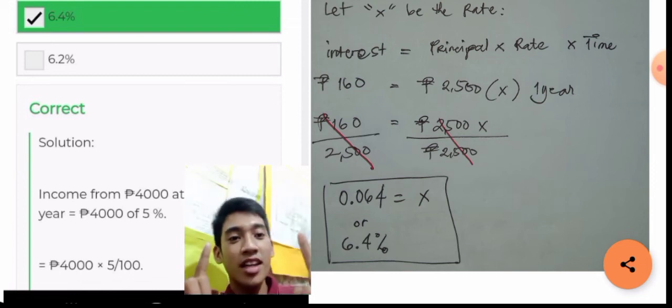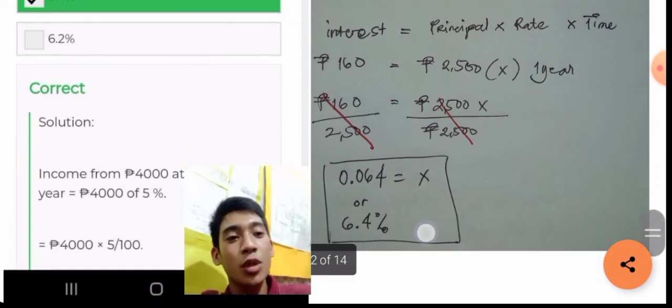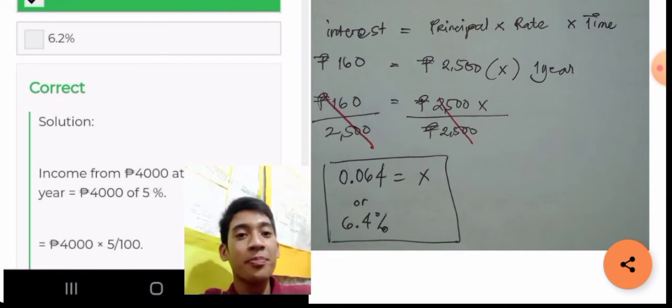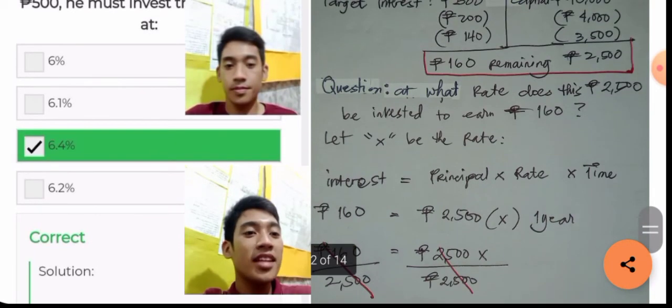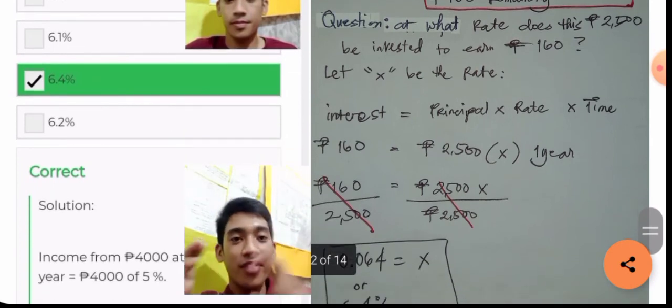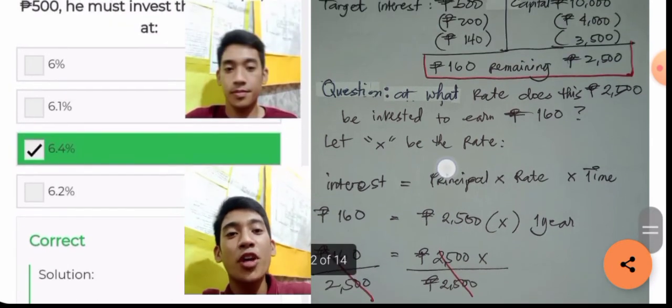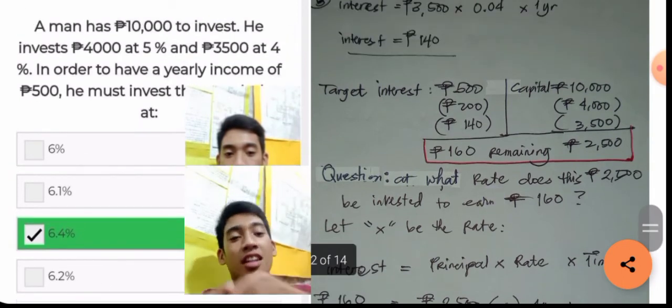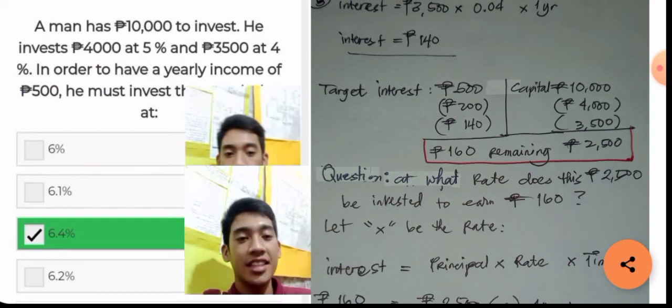Multiply it by 100, then we will have our 6.4%. So therefore, our 2,500 must be invested at 6.4% in order to achieve 500 pesos yearly interest.